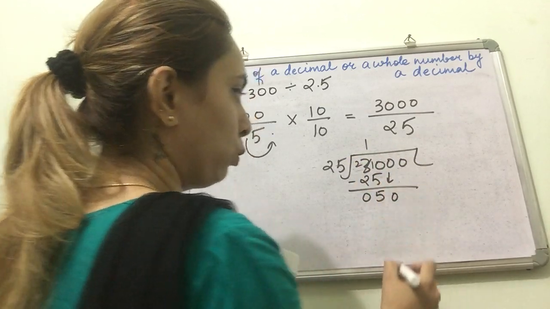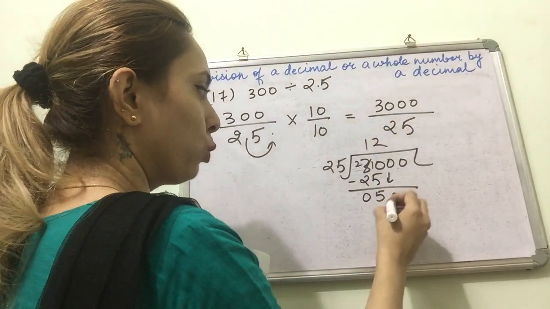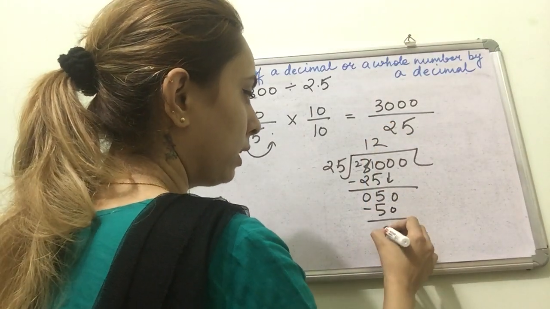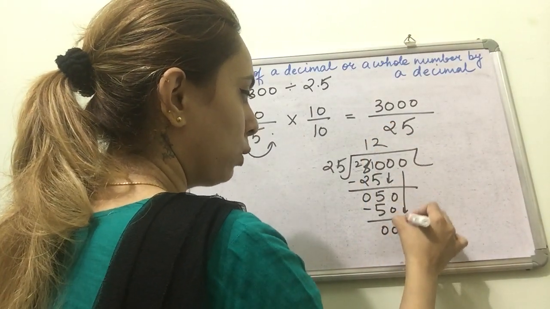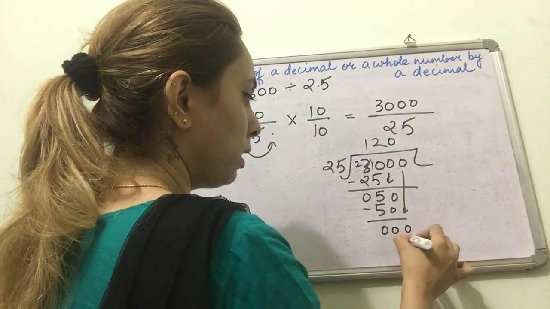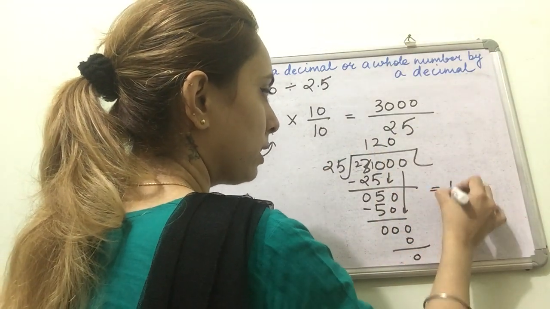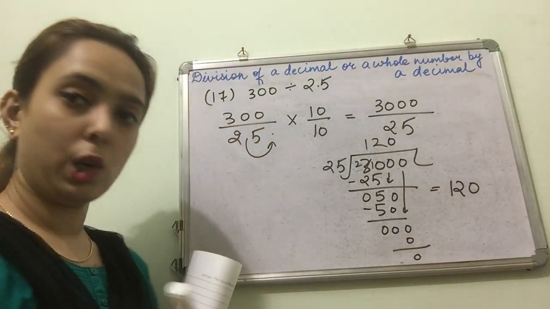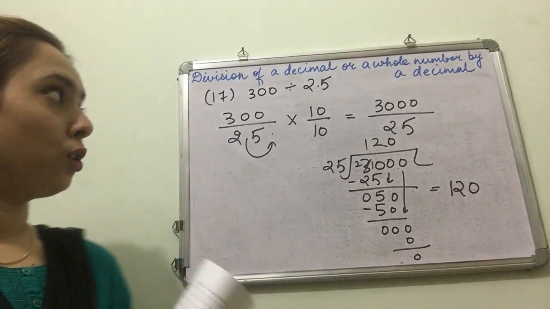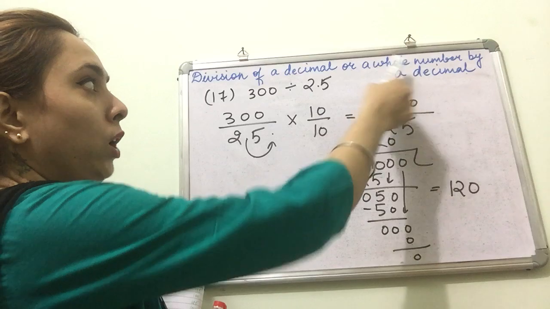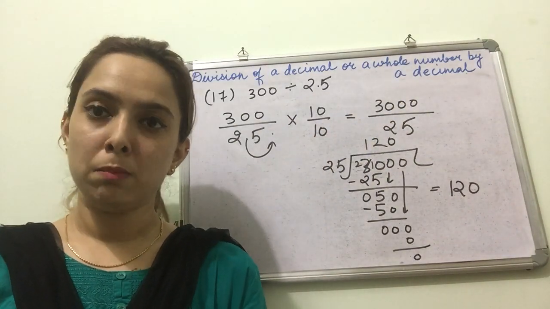Get this 0 down. 25 twos are 50. 0, 0. Get this 0 down. 25 zeros are 0. Your answer is 120. So this is the method of dividing a whole number by a decimal number.